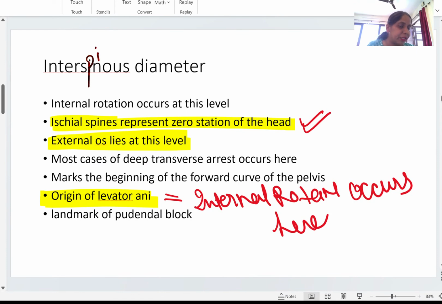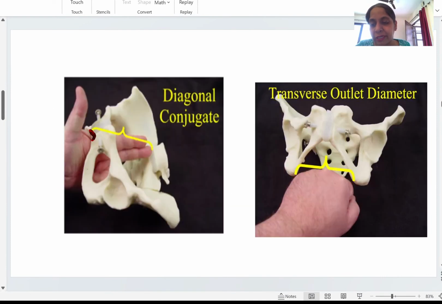It is the level where levator ani originates, and levator ani is responsible for the internal rotation.